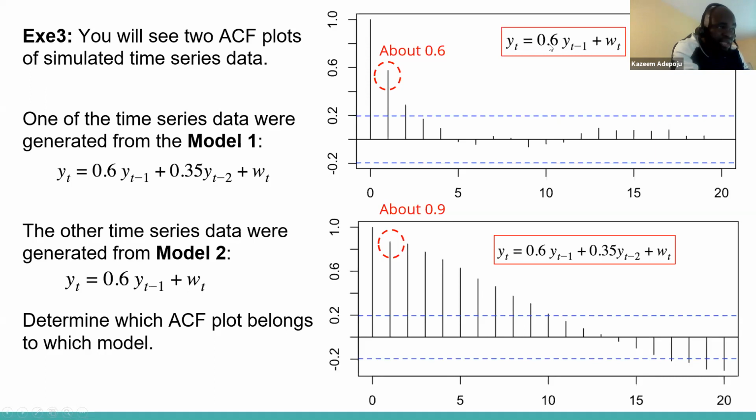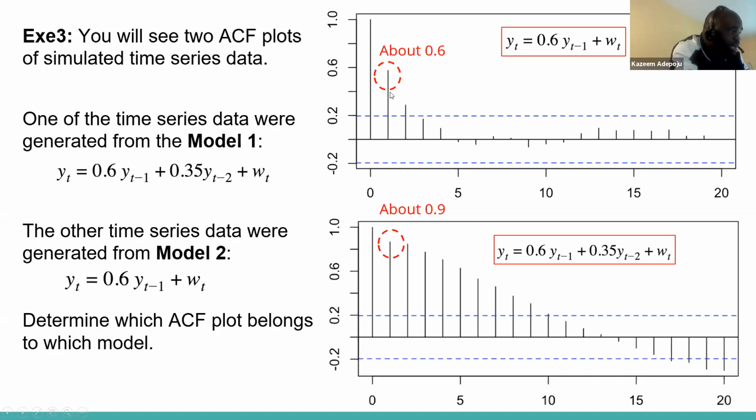This one is going to be C1. If you look at this ACF plot and this ACF plot, you're going to see that at lag 0 the value is equal to 1. Any ACF plot at lag 0 is going to be 1.